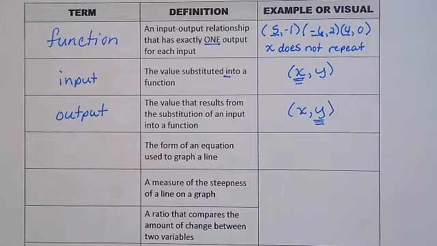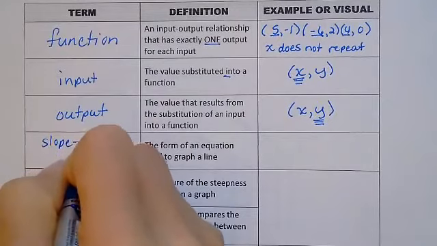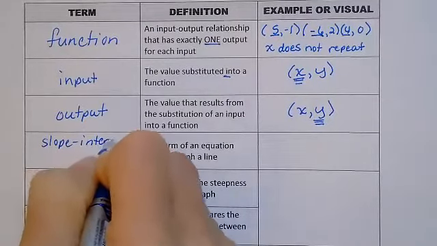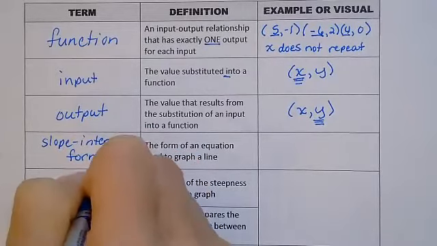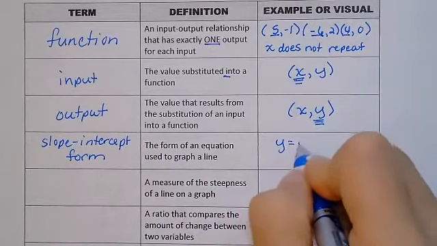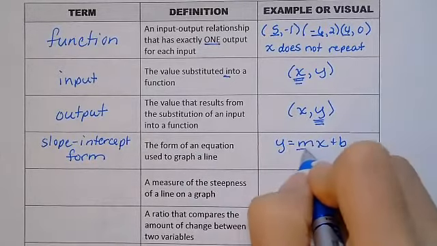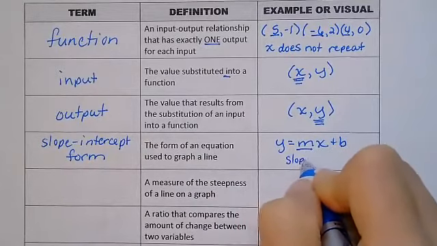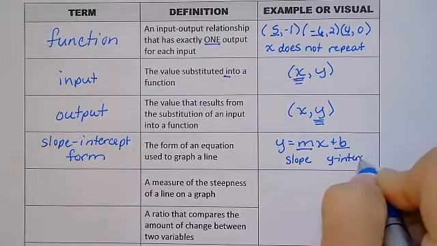The form of an equation used to graph a line is slope-intercept form. And it is y equals mx plus b, where m is the slope and b is the y-intercept.